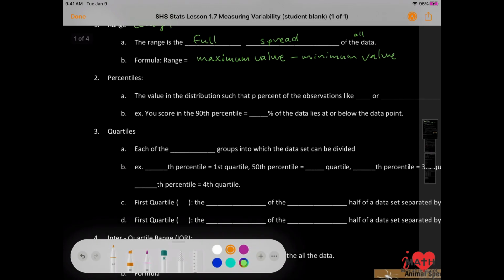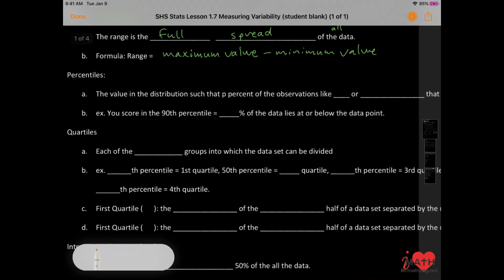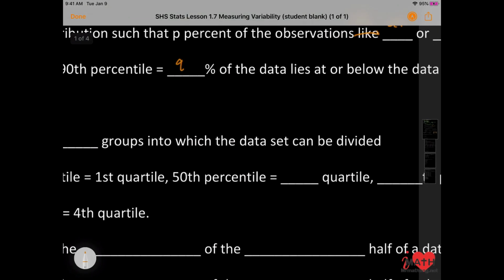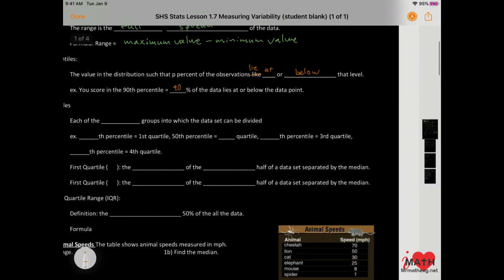What are percentiles? Percentiles are the value in the distribution such that P percent of the observations lie at or below that level. For example, if you score in the 90th percentile, that means 90% of the data lies at or below your data point.